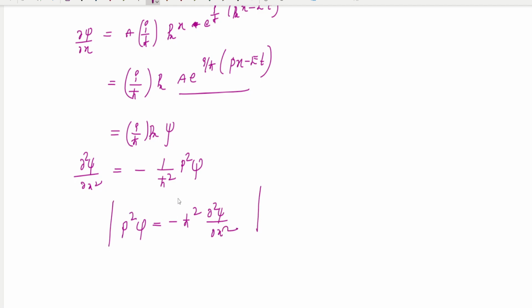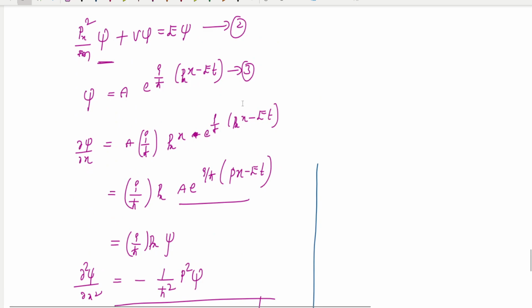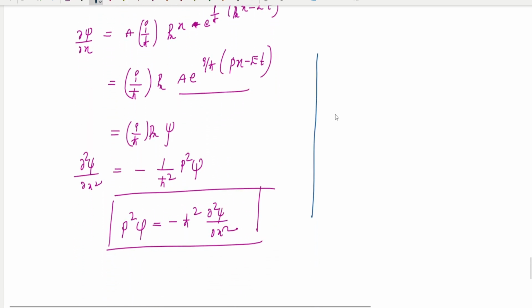So this is the first step, and in the second step I'm going to do the same thing. Equation number 3, I'm going to differentiate with respect to time, just once.